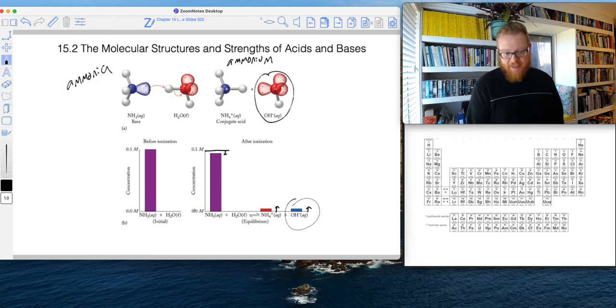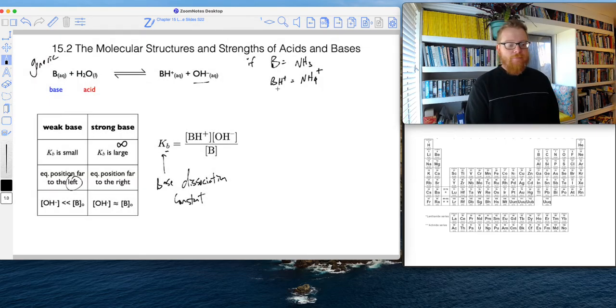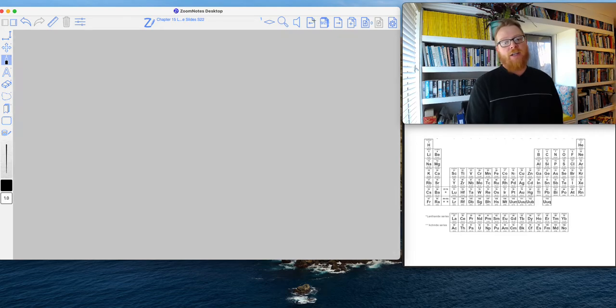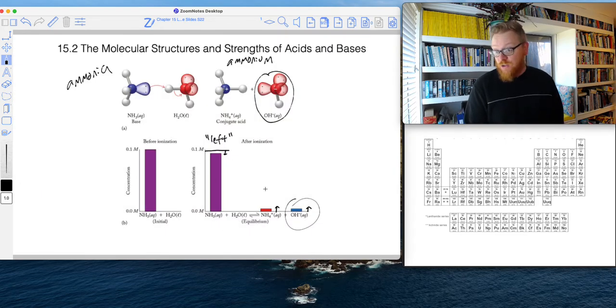And so once again, that's what we see here. I don't have a strong base example, but I do have a weak base example. And you can see here the majority of the mass of this reaction is on the left once it achieves equilibrium. Okay. And so what that means is for a weak base, our hydroxide ion concentration is much, much less than our initial base concentration. And again, we can see that on this graph here, right?